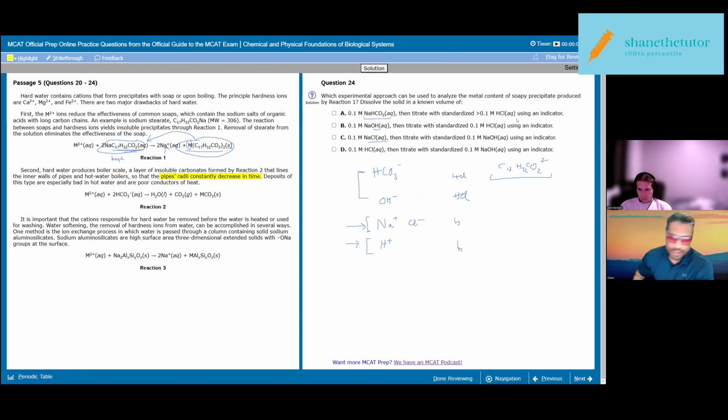Mm, okay, C and D both talk about adding sodium hydroxide, and these are titrations, which typically involve acid base titrations. So this one would have to be an acid to be titrated by the sodium hydroxide. So I'm leaning maybe towards D, but I honestly can't really answer it directly.